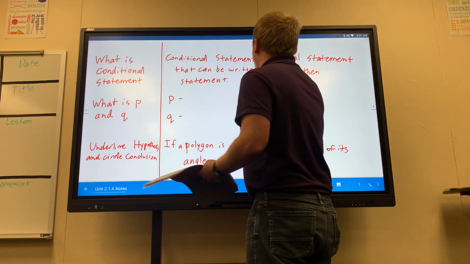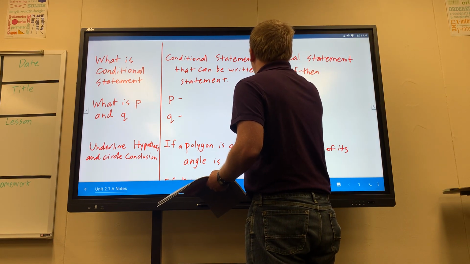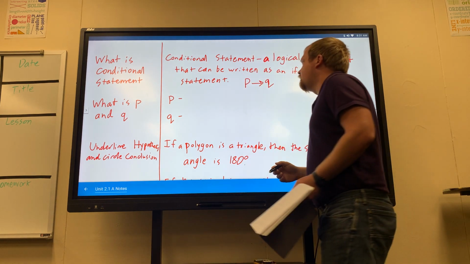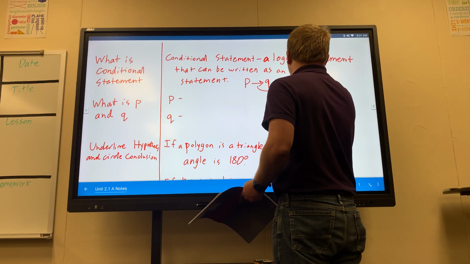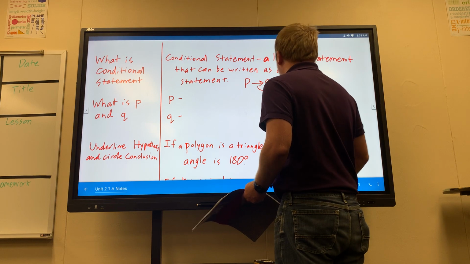Now, typically, you're going to see it as if P, then Q, where the arrow right here tells us it's an if-then statement.